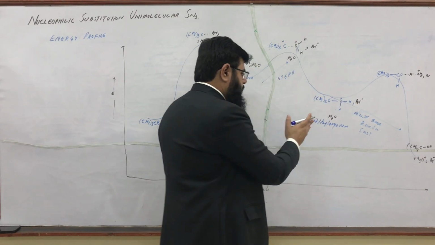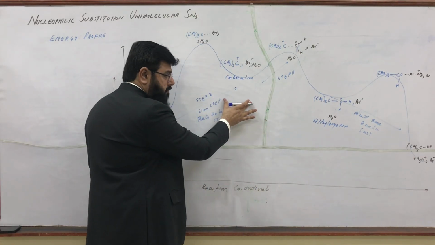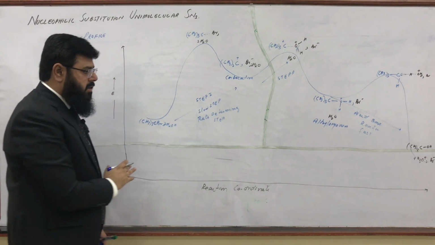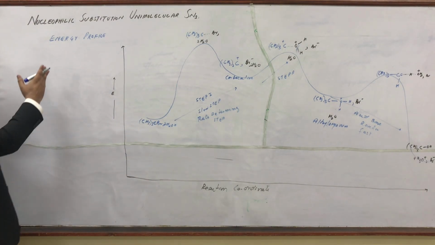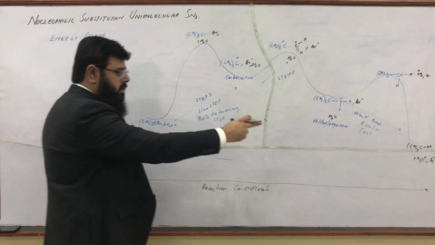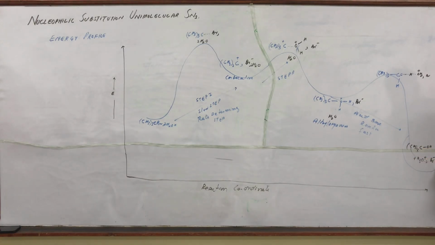Actually this part is not considered as part of SN1 reaction mechanism. But if I ask you to develop the energy profile diagram for SN1 reaction, you have to draw it completely. You have to produce this final product, which is tertiary butyl alcohol.